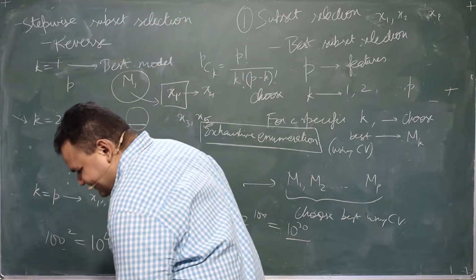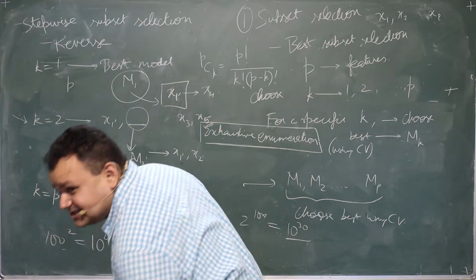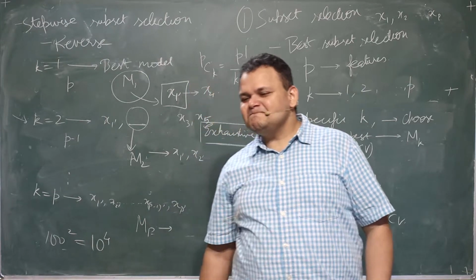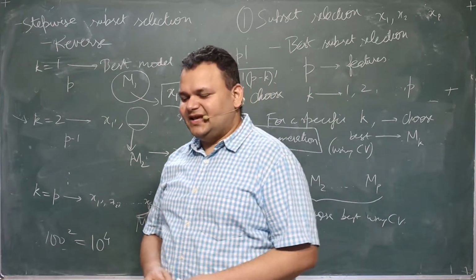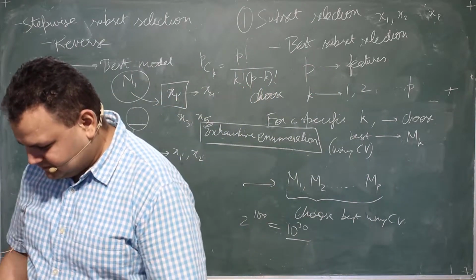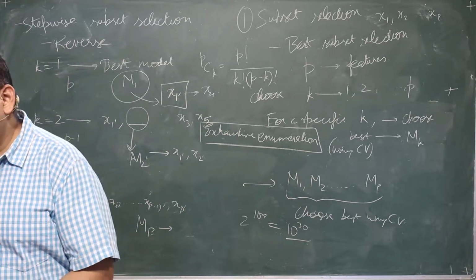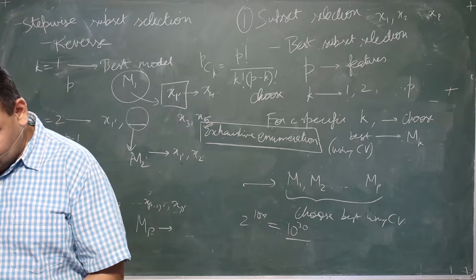So any idea what we would do in reverse subset selection? क्या करेंगे? We will select all the features.